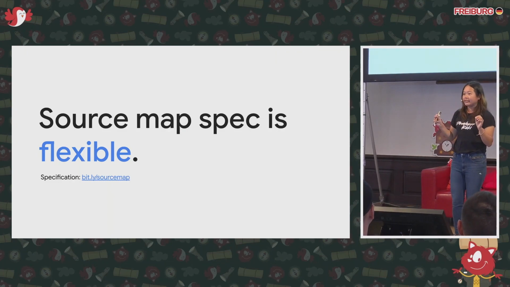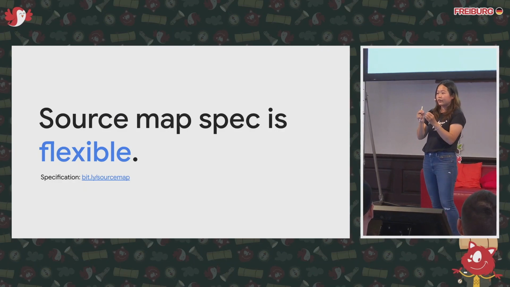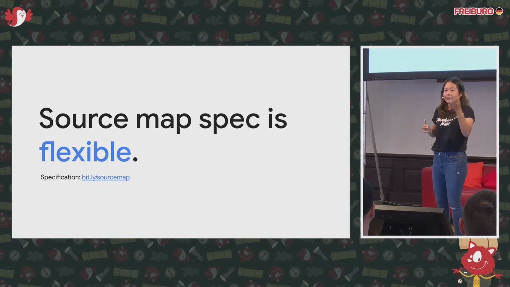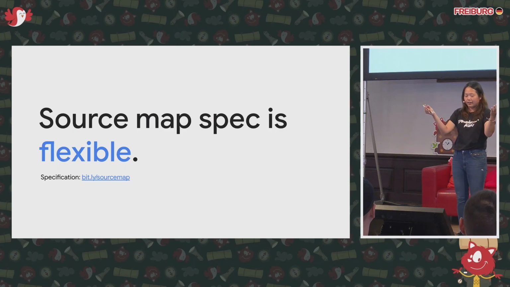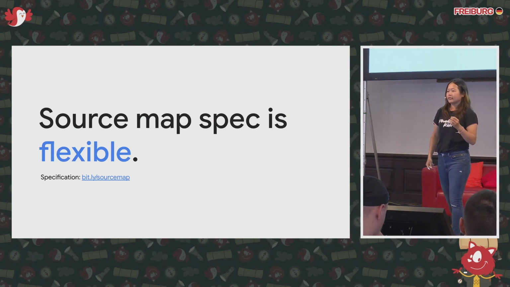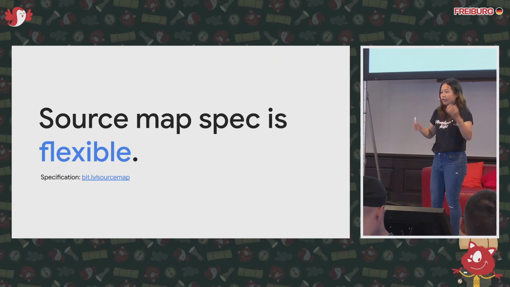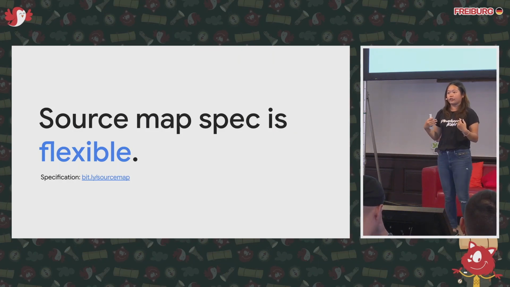So what happened is that some of the build tools, because they want to optimize for speed, and since the spec doesn't mention we need to do this, come up with their own way to process it and remove the information. So then it is more optimized code. But this is not great for the debugging experience, because DevTools is a consumer of the source map, and also some of your tools like Sentry or other tools that you are using depend on the source map to tell you exactly where your code got an error.